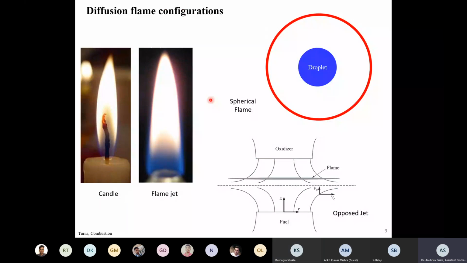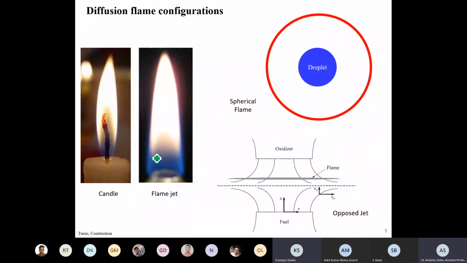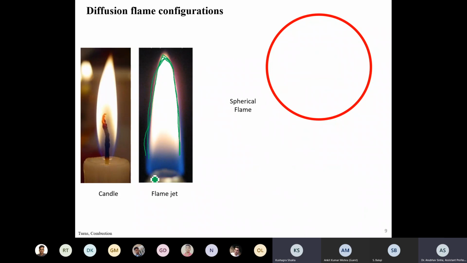Let me draw it for you. So this is the flame front. It will be curved only, right? How do you talk about straight? Not straight, but conical, as it was in premix.